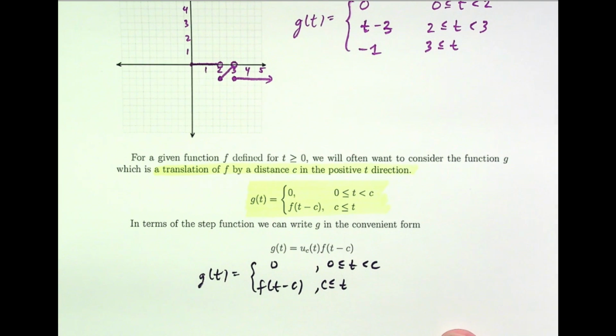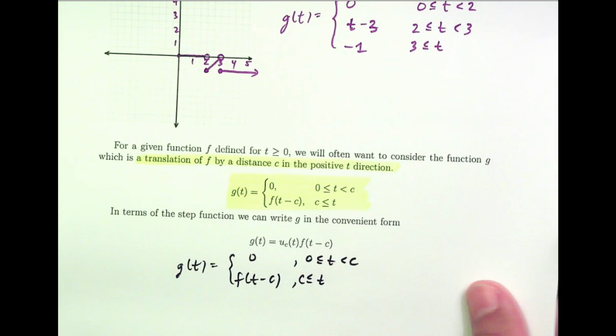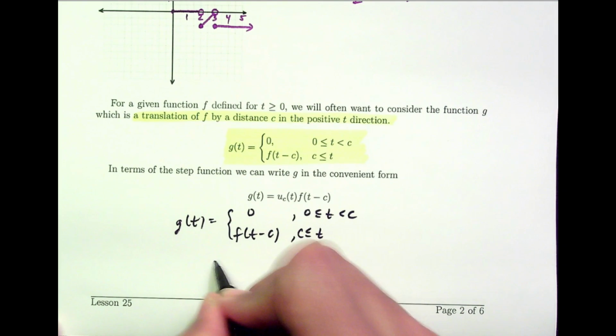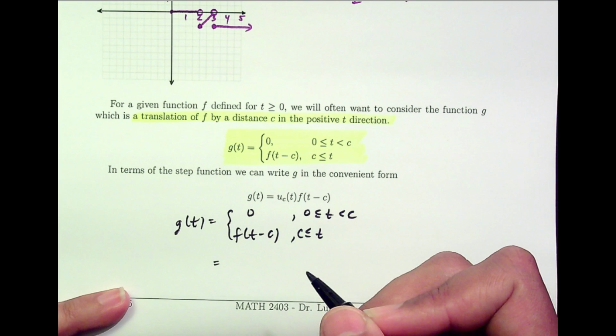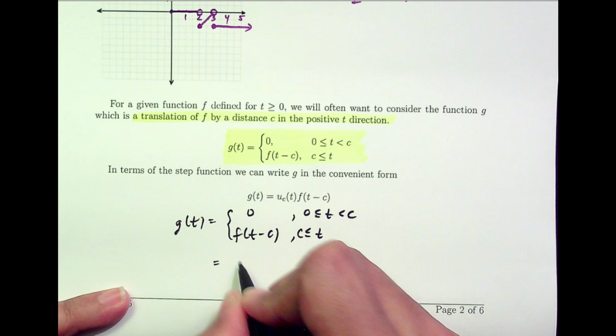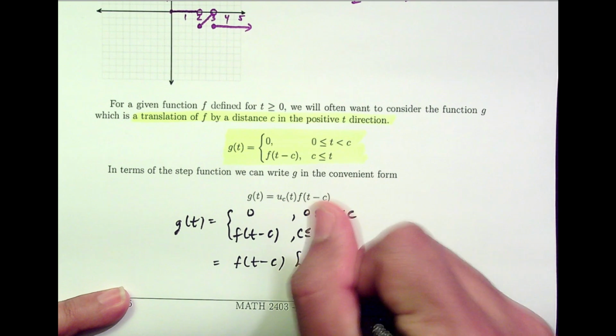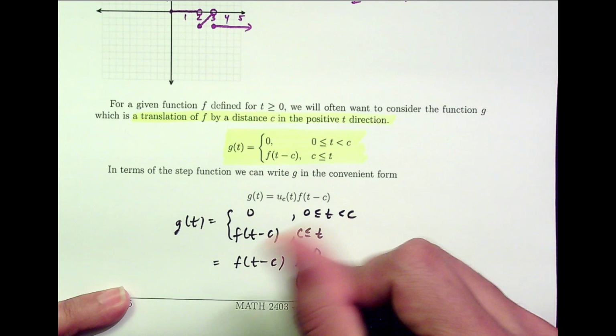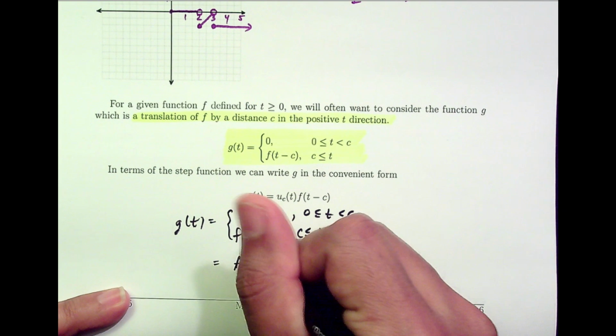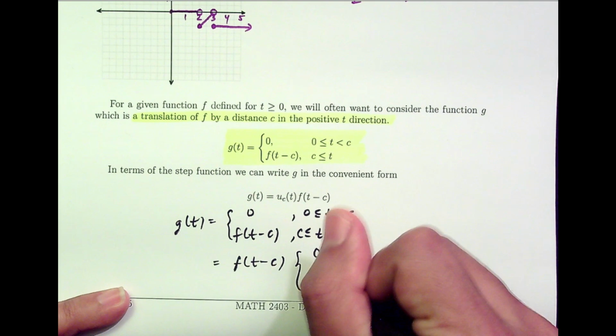You start out with that, which I just copied. You can see that you can factor out the f of t minus c from both. Well, from 0, which is going to leave you with 0. And then factoring out the f of t minus c from the bottom is going to leave you with 1.